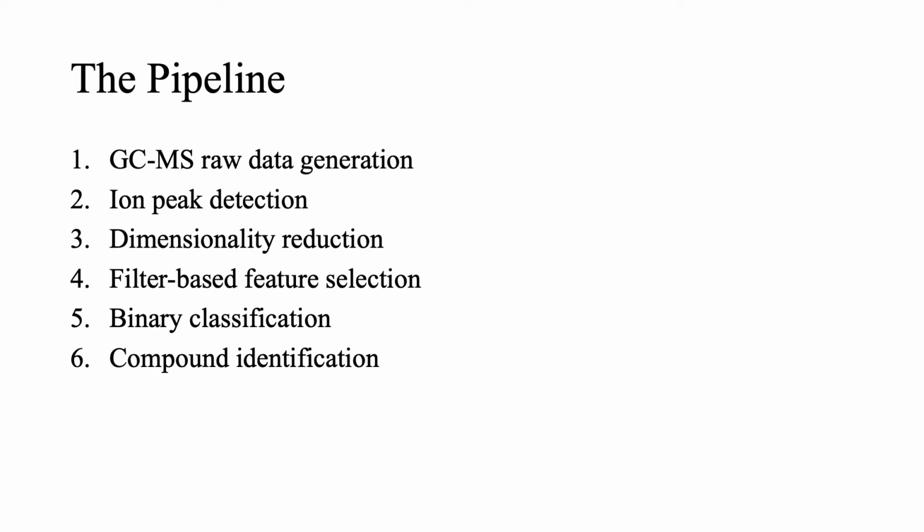Binary classification algorithms like the XGBoost and logistic regression were then used to classify each of these data points into asthmatics and non-asthmatics. The most relevant features used in this classification were used to identify compounds that can serve as biomarkers for asthma in the future. Now let us look at each of these components in more detail.